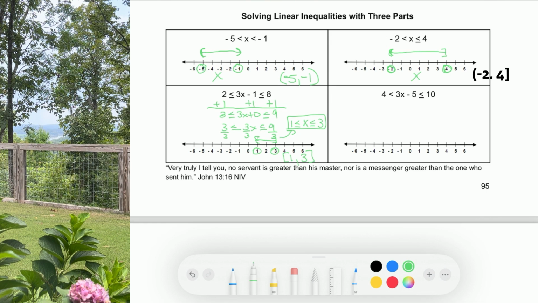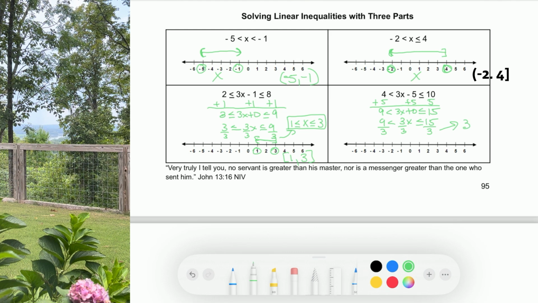Let's do a second example. 4 is less than 3x minus 5, less than or equal to 10. So the first thing I'm going to do is add 5 to both ends and the middle. I get 9 is less than 3x plus 0, which is less than or equal to 15. I'm going to rewrite this. We have 3x by itself in the middle now. I'm going to divide by 3 on both ends and in the middle to get rid of that 3.